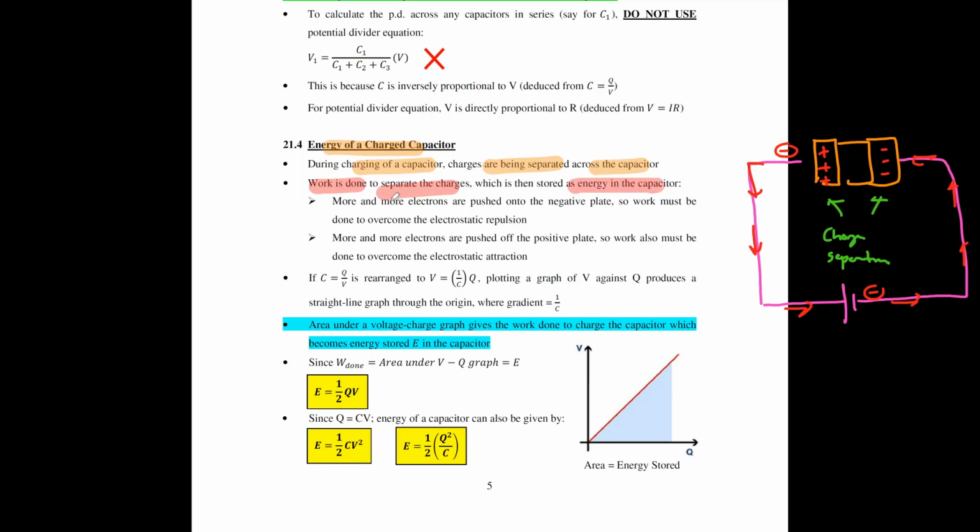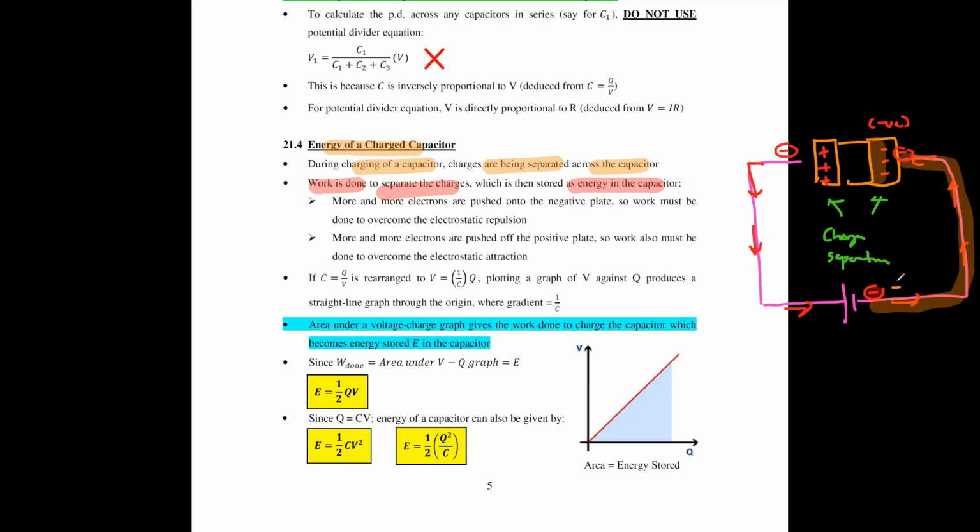So why is work done to separate your charges in the first place? You need to consider this. When you first push your electron here, you probably won't encounter much problem because this plate was originally neutral. But the problem arises once you have deposited one electron here, because this plate becomes negatively charged.